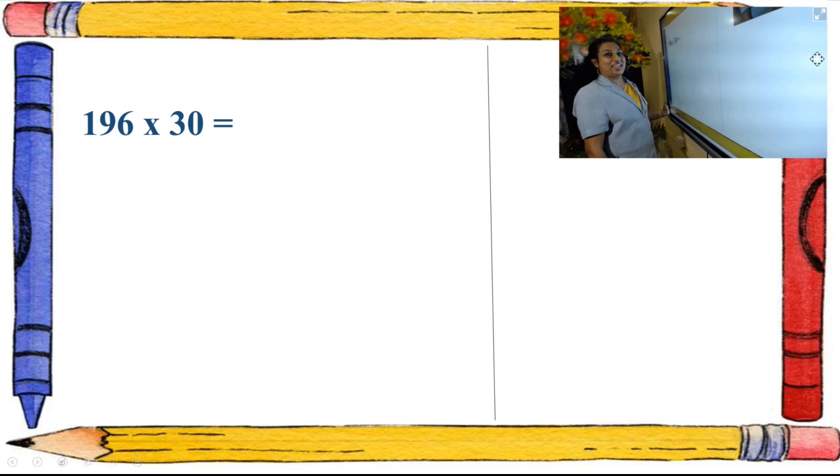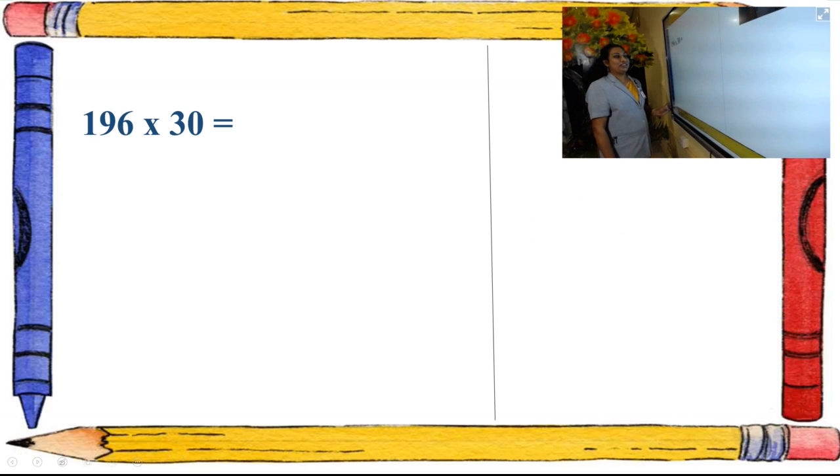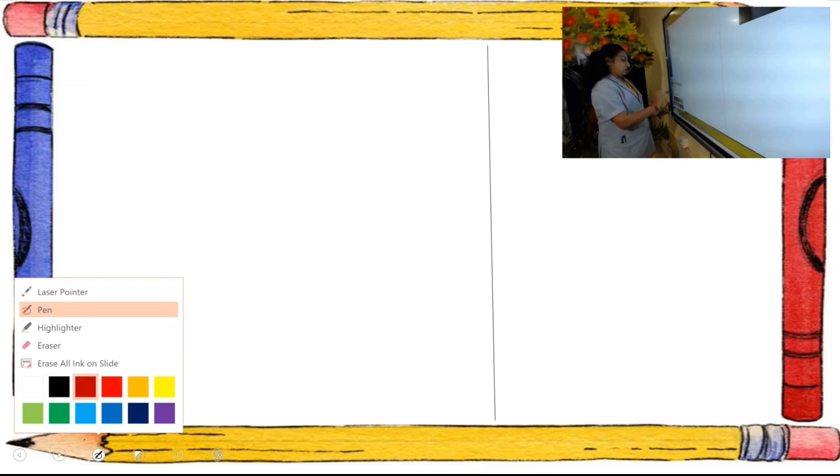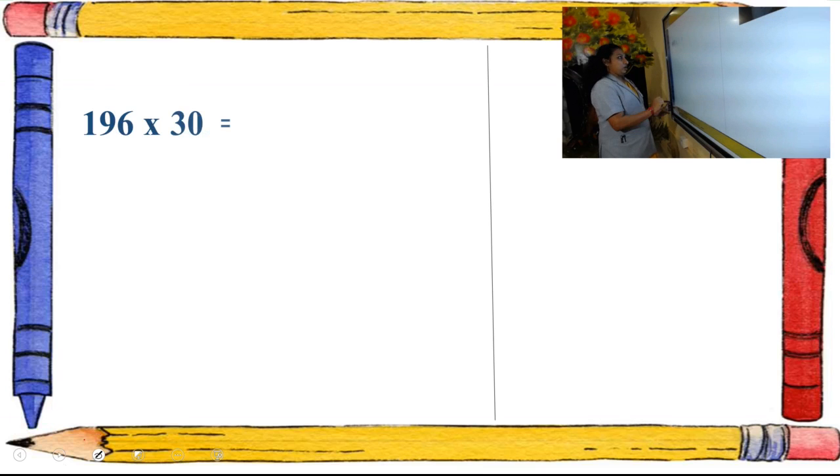196 into 30. How will you multiply this? First, you have to multiply 196 and 3 in your working column. While you get the answer, you have to insert 1 zero.